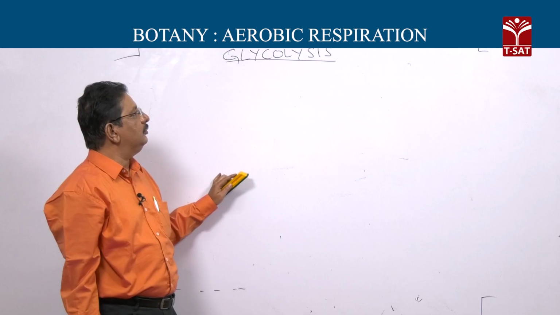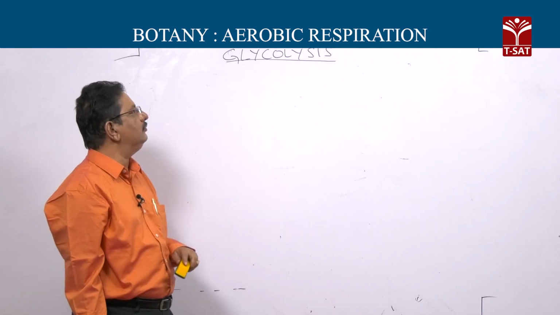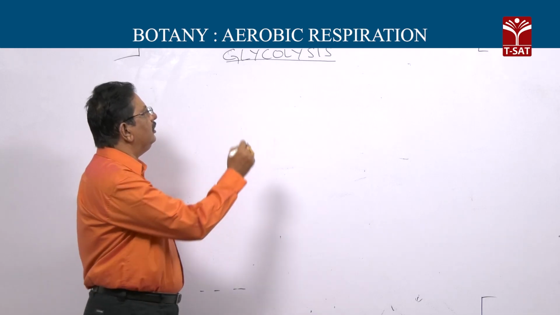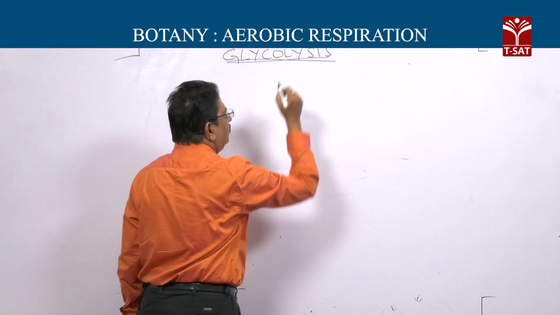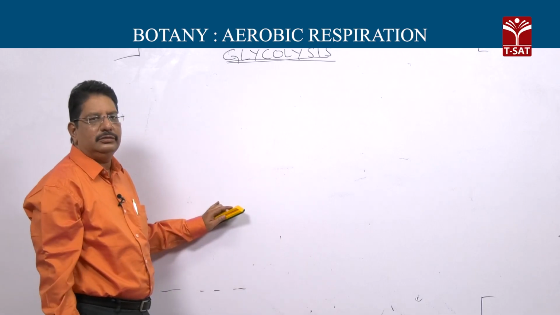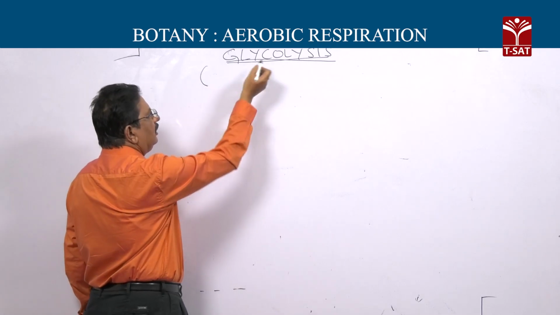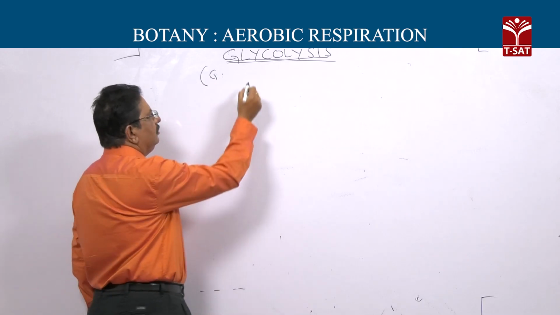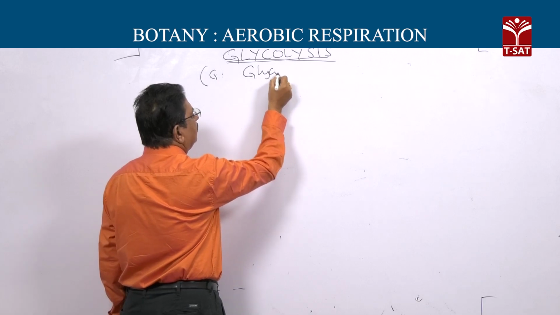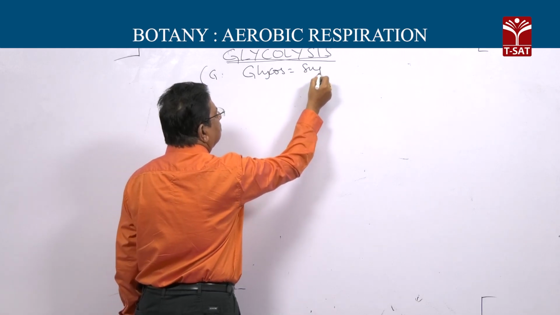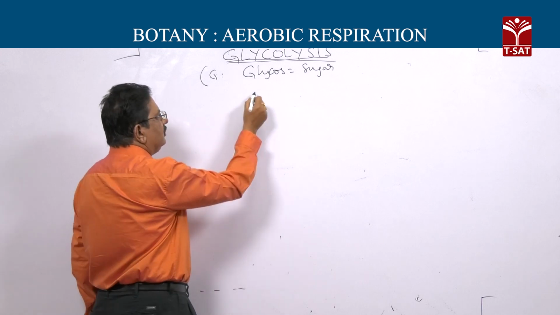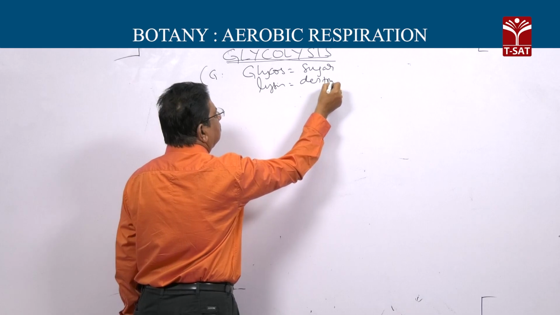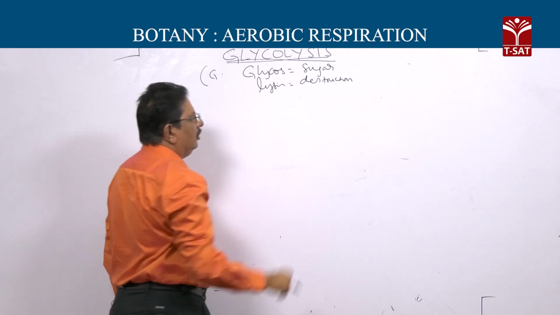Now, we will discuss the first and important step of aerobic respiration, called glycolysis. If you take the origin of the term glycolysis, in the Greek language, glykos means sugar, whereas lysis means destruction or breakdown.